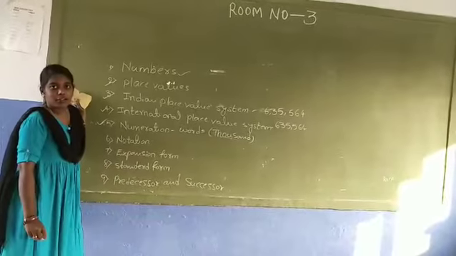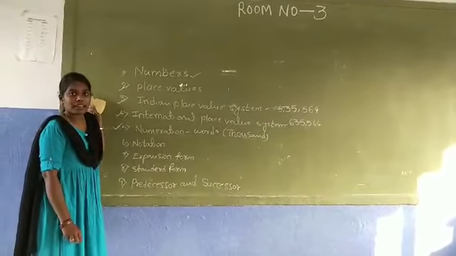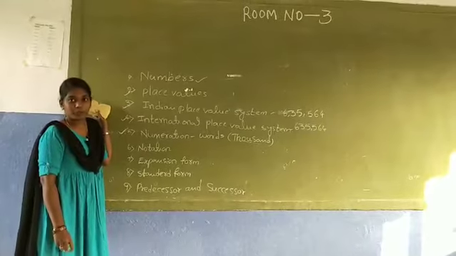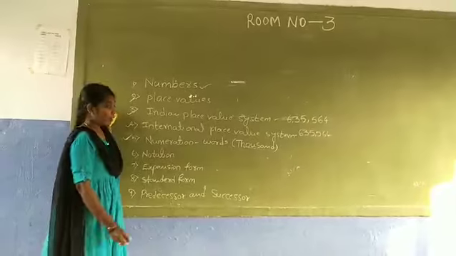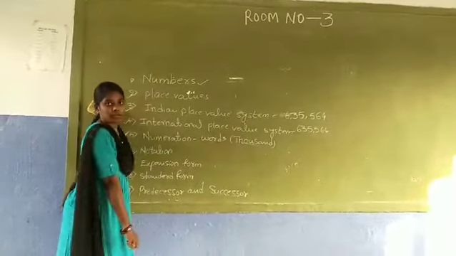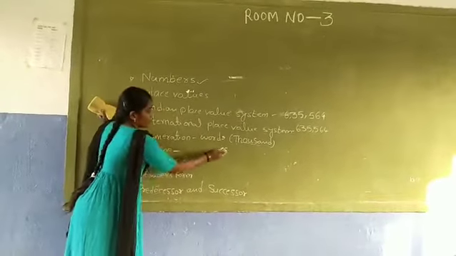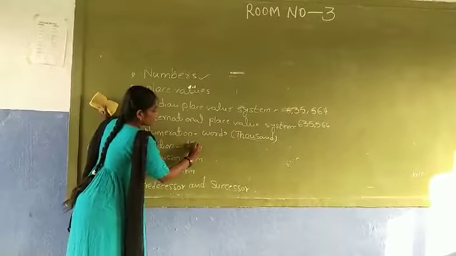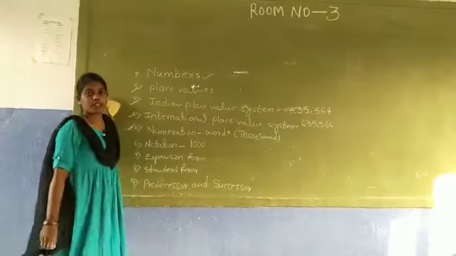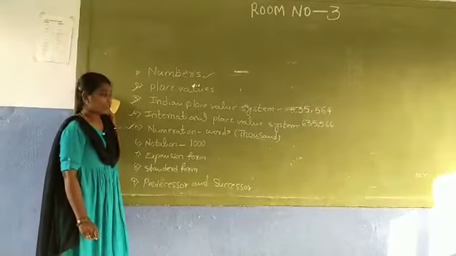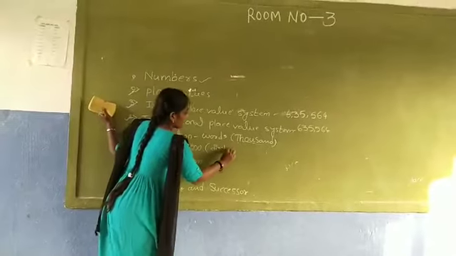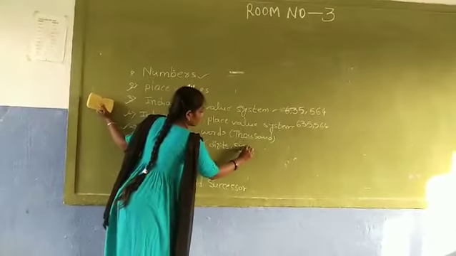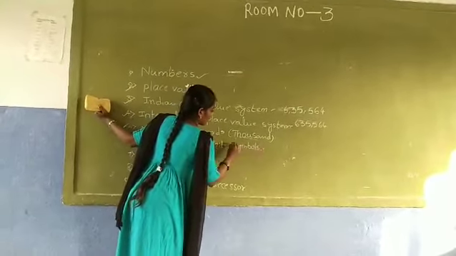What is notation? Notation means writing a number in digits form or numerals form or symbols form. For example, here I am writing 1000. What is the notation form of this number? The notation form of this number is 1000. Notation means writing a number in digits form or symbols form or numerals form.